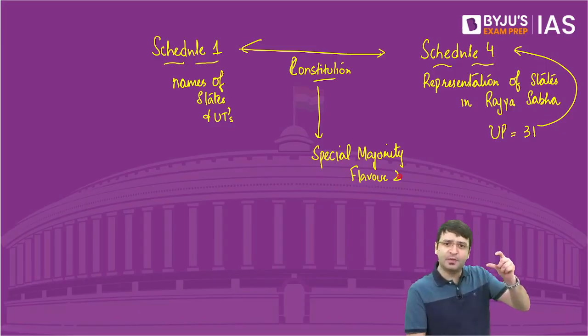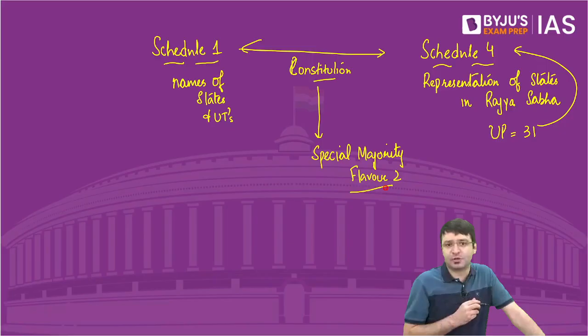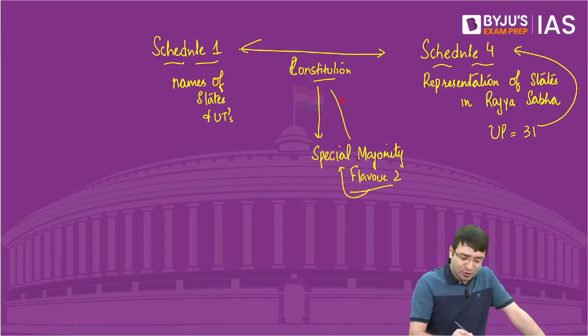Majority of not less than 2/3 of the members present and voting, and majority of the total membership of the House. That means more than 2/3 of the members present and voting plus absolute majority. This is flavor 2 of special majority. And this flavor 2 of special majority is used to amend the Constitution.